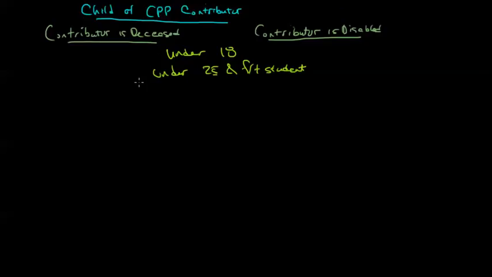Now, for the child of a deceased CPP contributor only, we also have a benefit payable if this child is disabled. The rules for this are a little bit complicated, but we're basically looking for a child who was disabled since before age 18 or since age 18 or earlier.